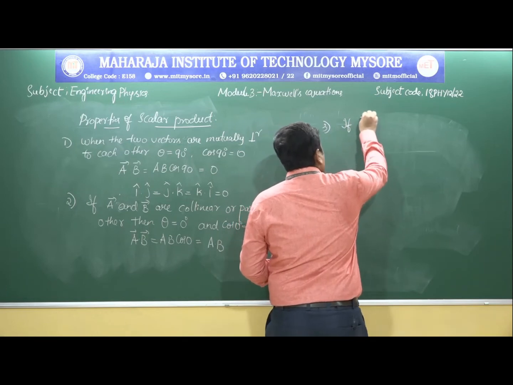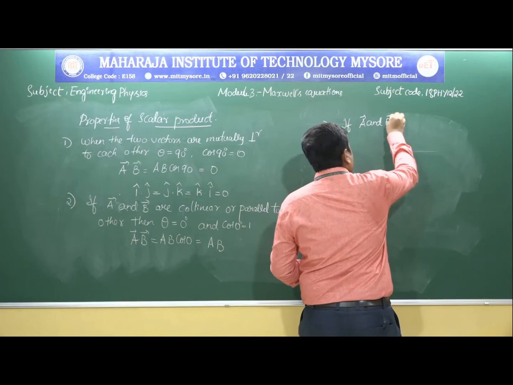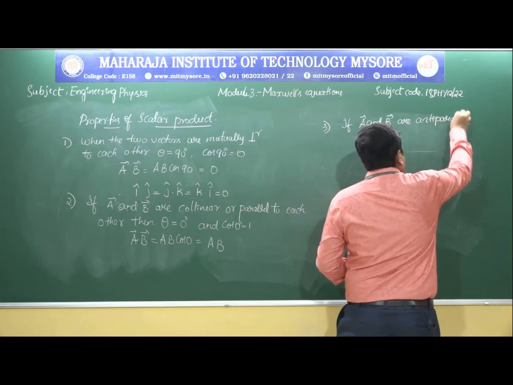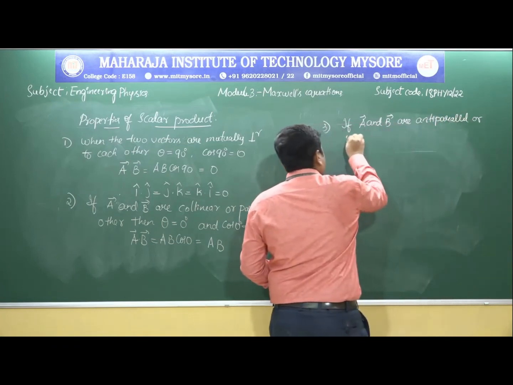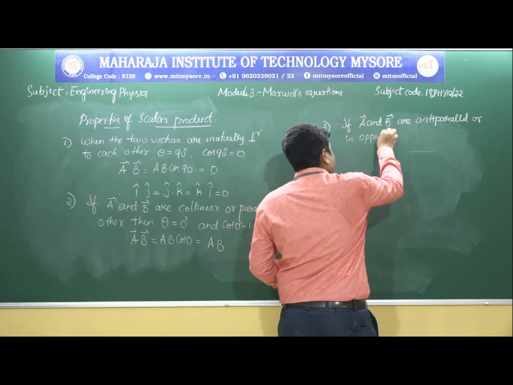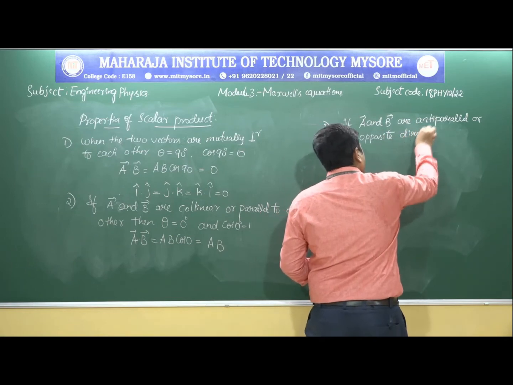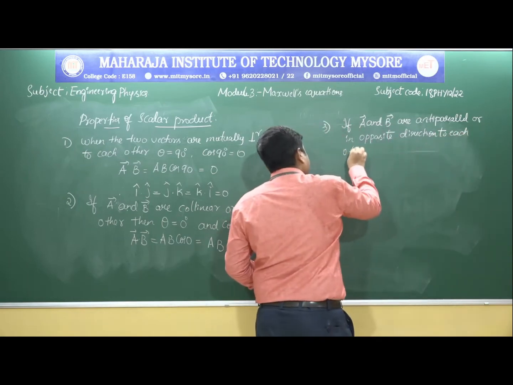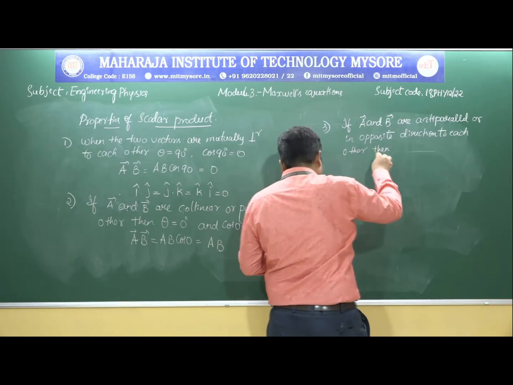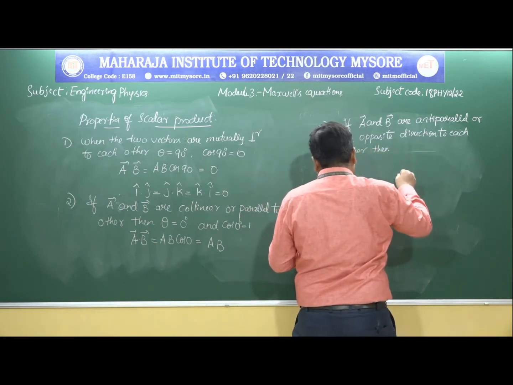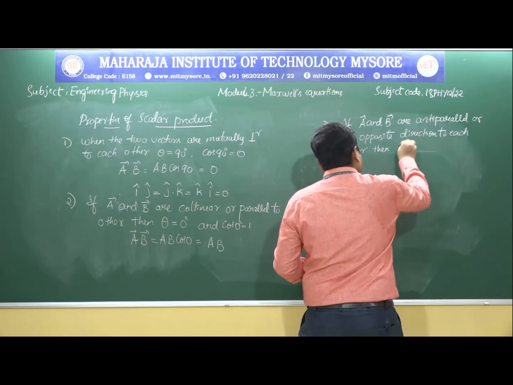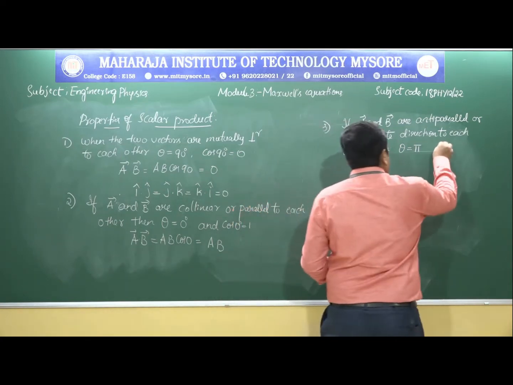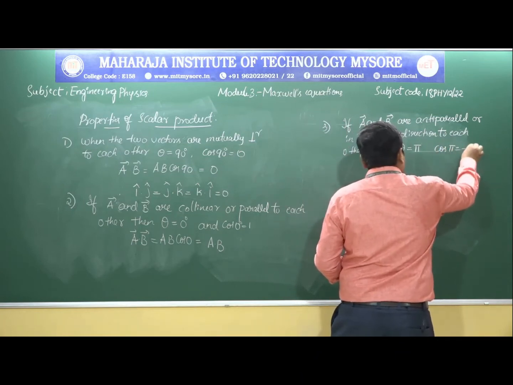So, if vector A and vector B are anti-parallel or in opposite direction to each other, then theta becomes equal to pi and cos pi is equal to minus 1.